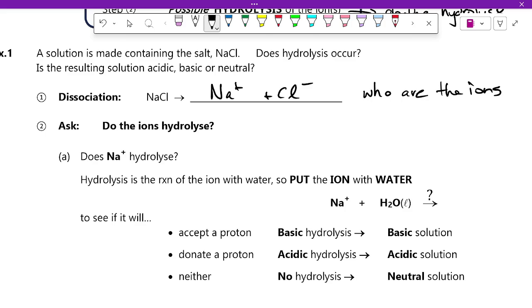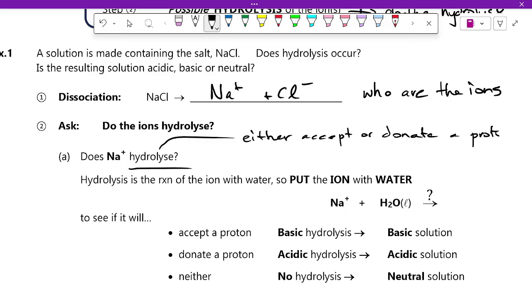The only two things they can do with water is they can either accept a proton or they can donate a proton. Okay, when you hydrolyze, it's going to either accept or donate a proton. If something accepts a proton, what did it act as? It acted as a base.